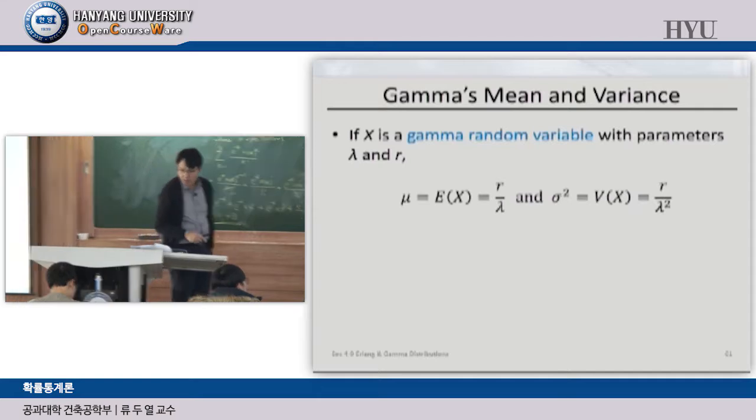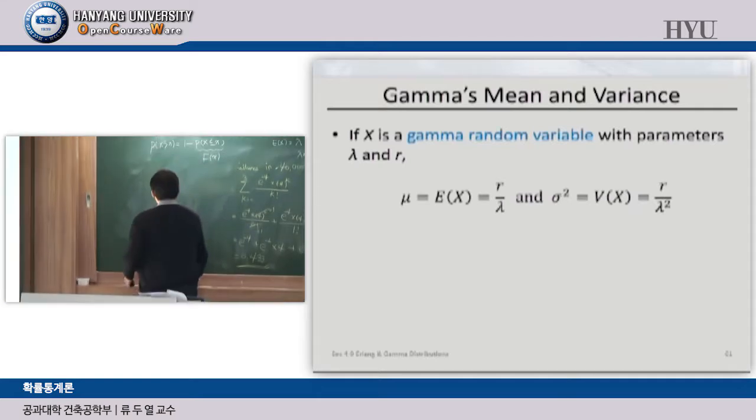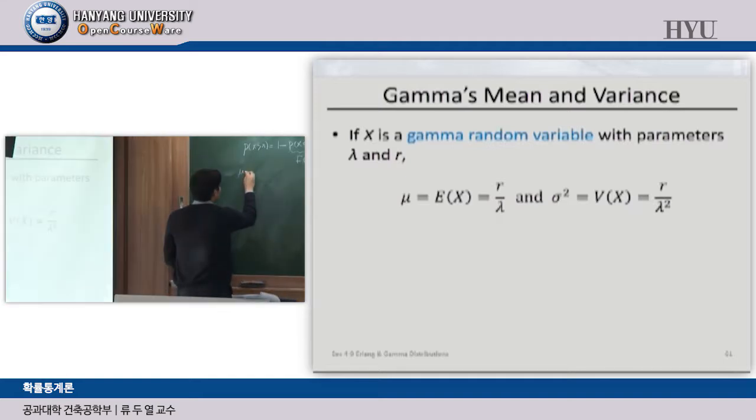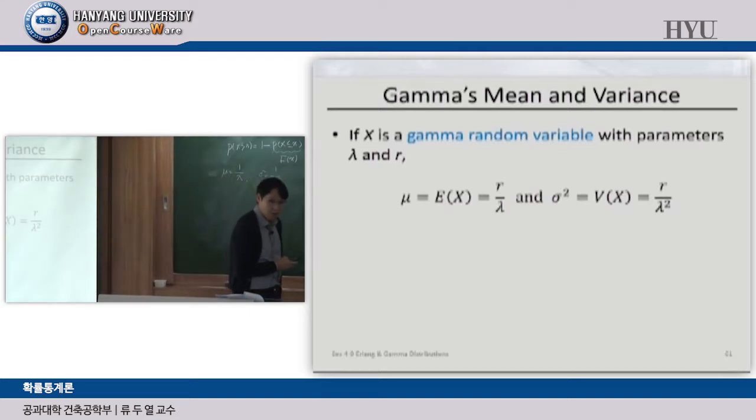And what was the mean and variance of the exponential distribution? In the case of the exponential distribution, the mean was 1 over lambda, right? And the variance was 1 over lambda square, right?